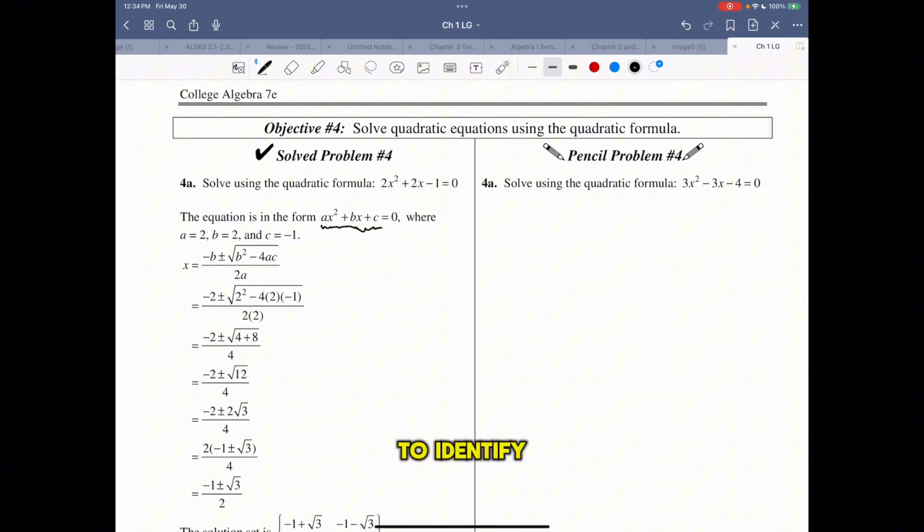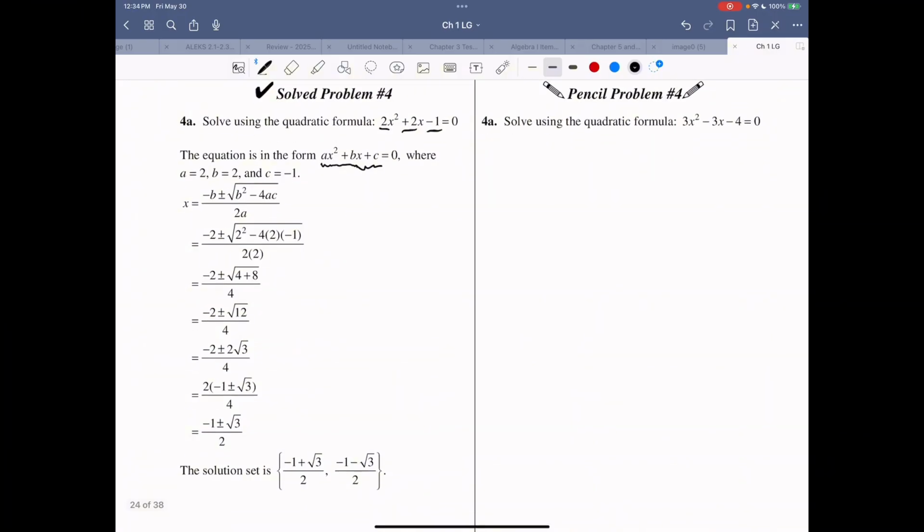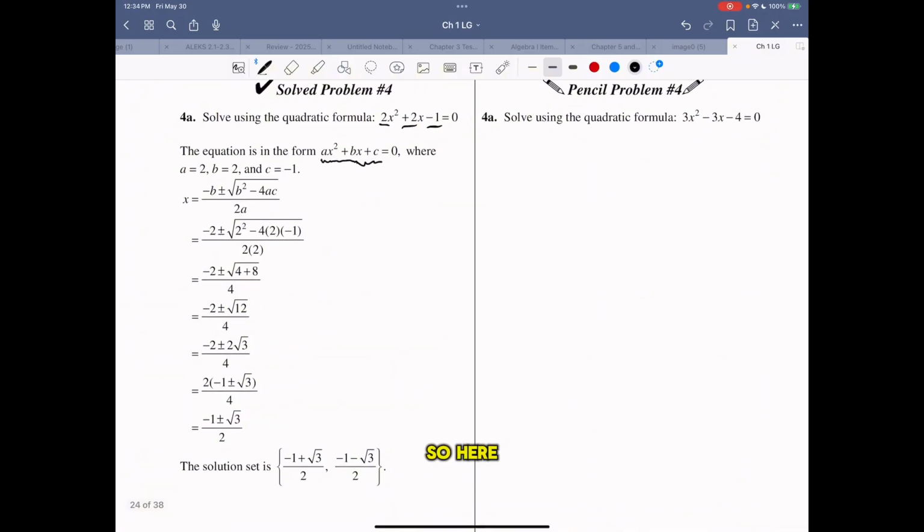And then you need to identify what A, B, and C are, and then you just substitute all the numbers in. So here, the coefficient of x squared is A, the coefficient of x is 2, which is the letter B here, and then the C is the constant term, which is -1. Just plug them all in.